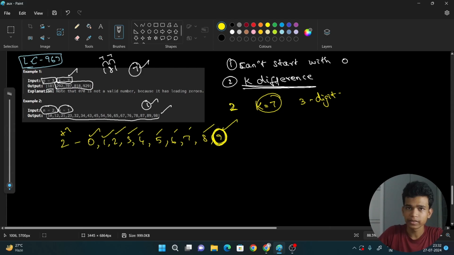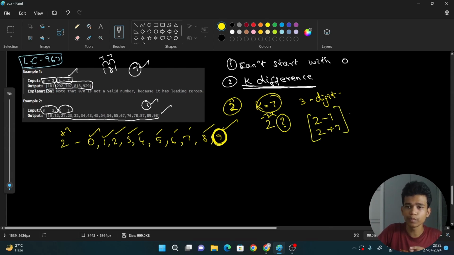So I can say, if a value like this 2 gives a difference with the next digit, this next digit, question mark, then it can be minus 7 or plus 7. So I can find 2 minus 7 or 2 plus 7. These are the two possibilities I have for the next number.